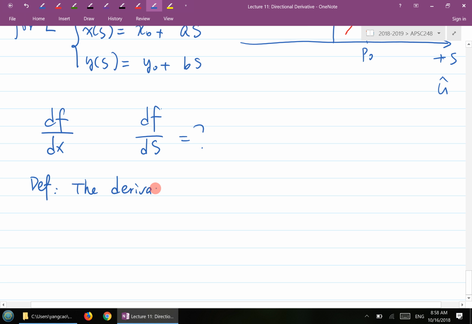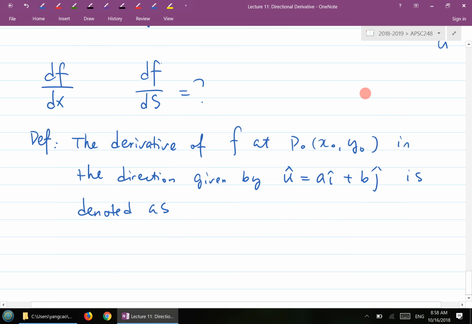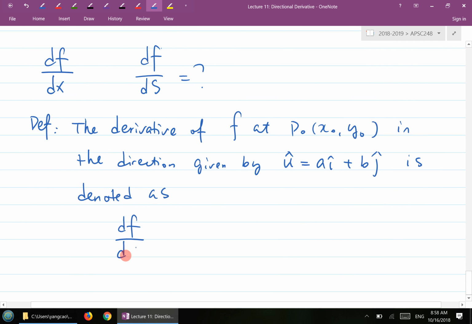So the derivative of f at a certain point in the direction given by, let's say, u hat equal to a i hat plus b j hat, is denoted as df over ds in the u hat direction at p naught.